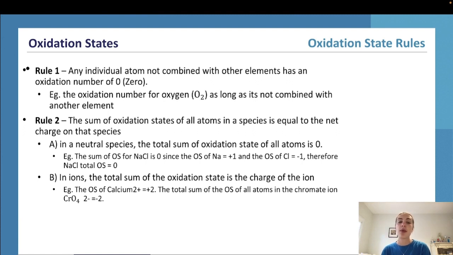For example, the sodium is going to be +1, and the chlorine is going to have an oxidation state of -1, hence -1 + 1 gives 0. And so the total oxidation state for the entire molecule is 0.